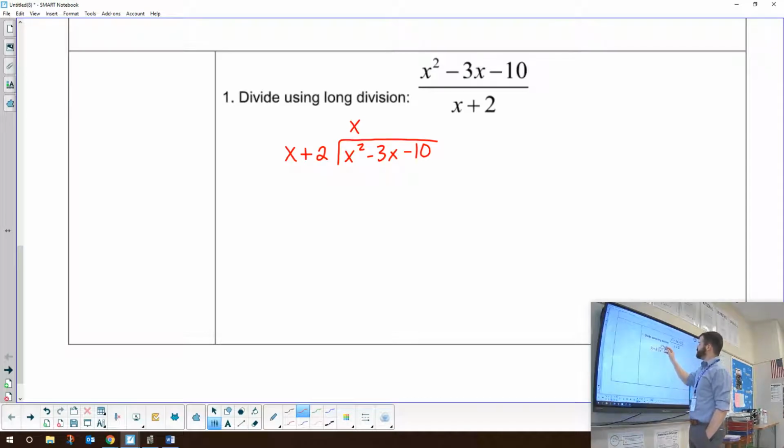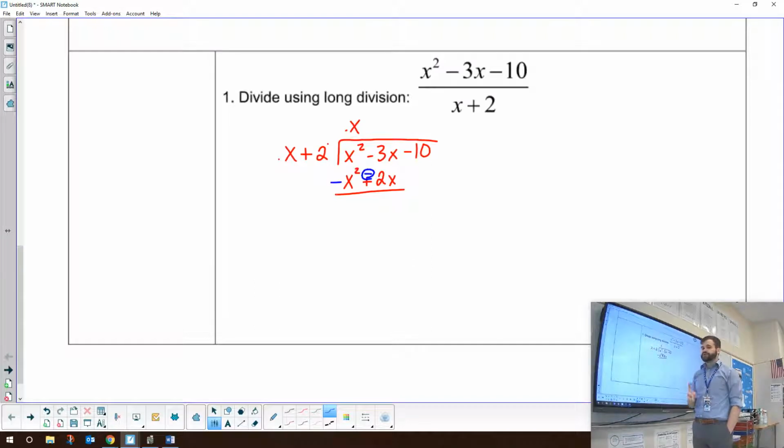And now we're going to distribute this to both of these. We're going to go x times x is x squared. x times 2 is 2x. All right. Well, now we need to subtract. We cannot forget to do this. We're not adding here, we are subtracting. So we're going to change this to a minus, and we're also going to change that to a minus.